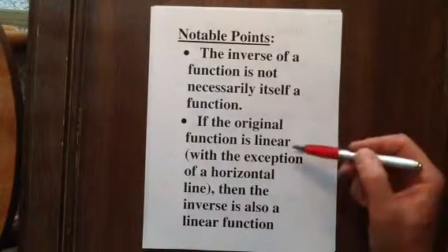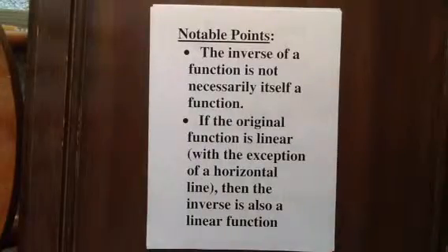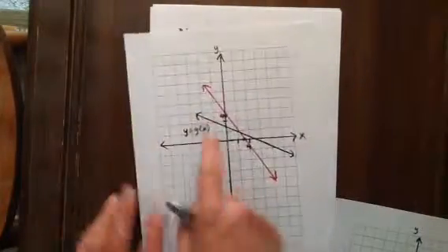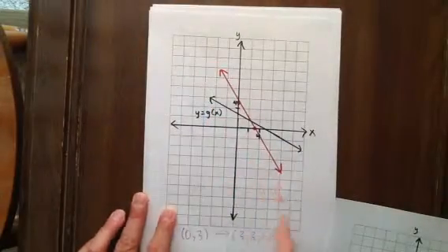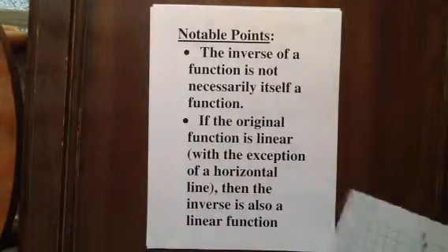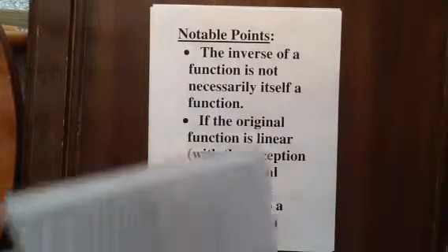If the original function is linear, then the inverse is also a linear function. And we see that here. We had a linear function. Well, the inverse is also a linear function. Now, one exception to that rule is if it's a horizontal line.